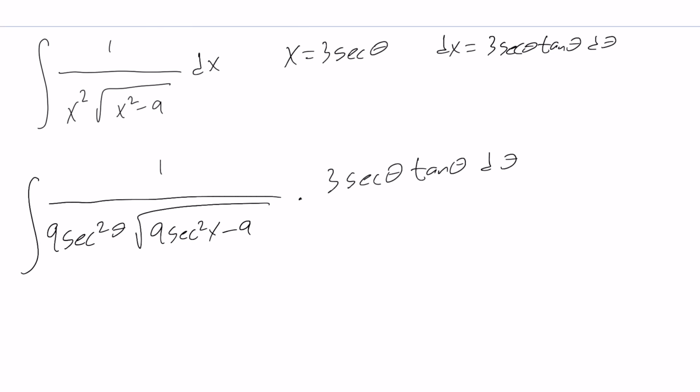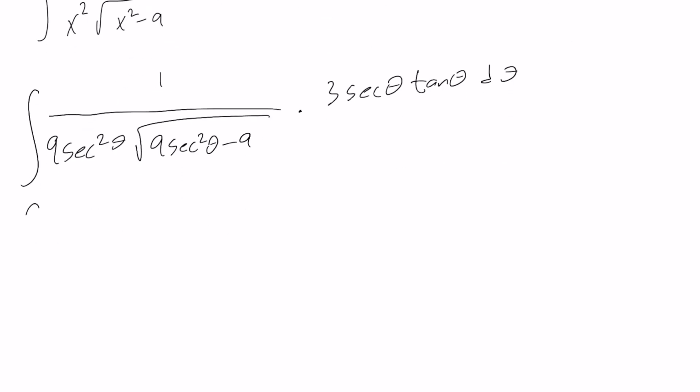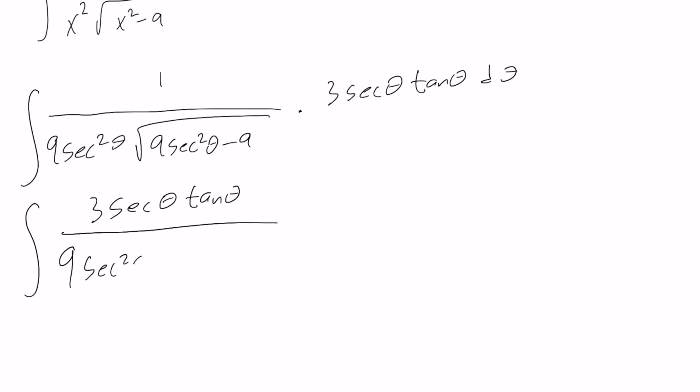All right, I'm going to write this again, moving all this stuff on top of the fraction to save some space. Looking inside this square root, 9 secant squared theta minus 9, sorry, that should be a theta, not an x. Both of these have a 9 in them, so I can factor a 9 out. In doing so, I get an integral of 3 secant theta tangent theta over 9 secant squared theta times the square root of 9 times secant squared theta minus 1, d theta.